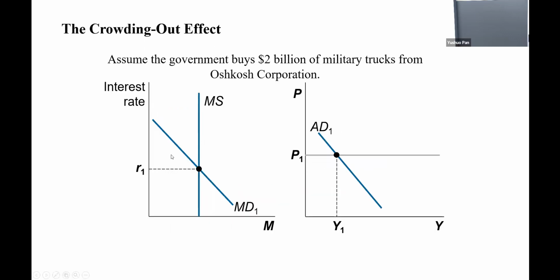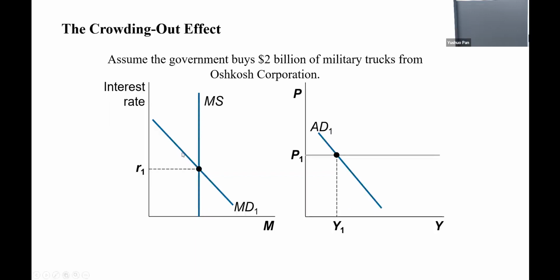For example, here, the same example as what we learned before. Last time we learned that for the multiplier effect, if the government spends $2 billion, then the AD is going to shift to the right by $2 billion, and because actual income causes actual consumption, the AD is going to shift further.